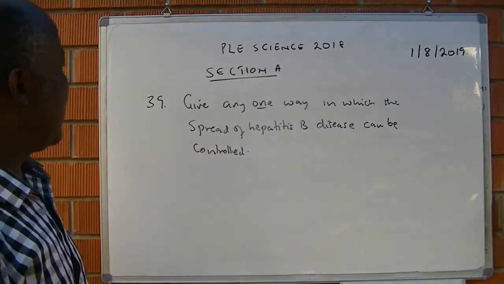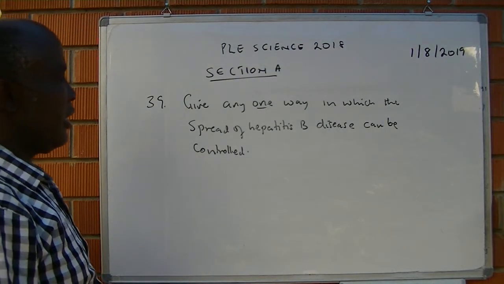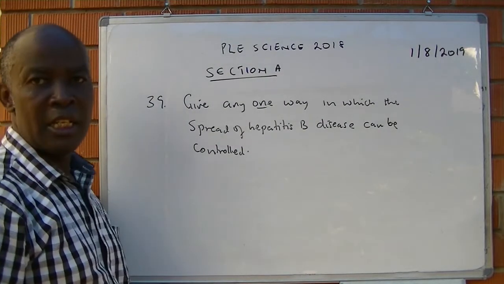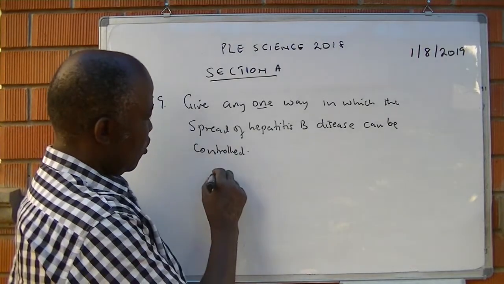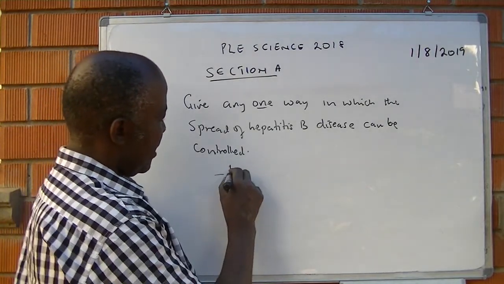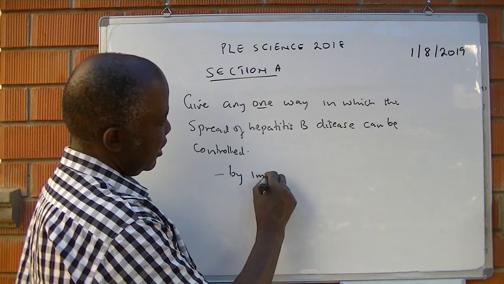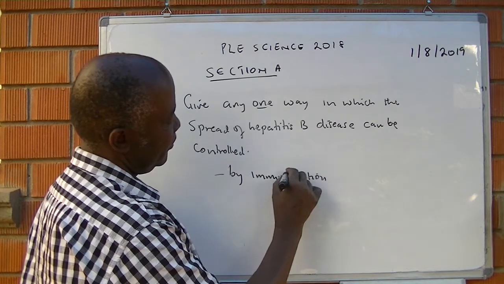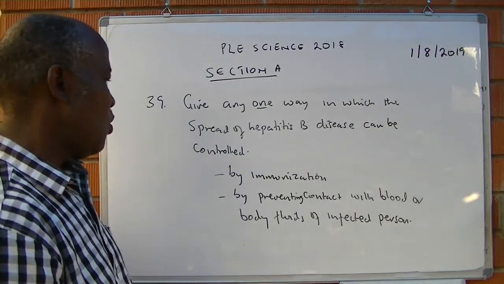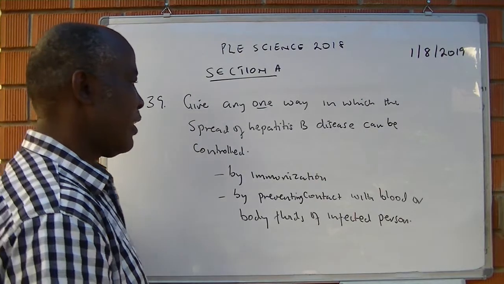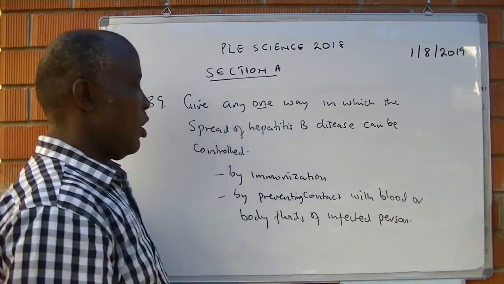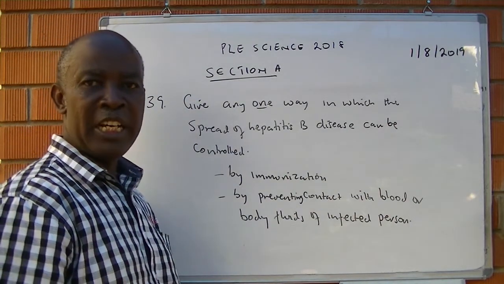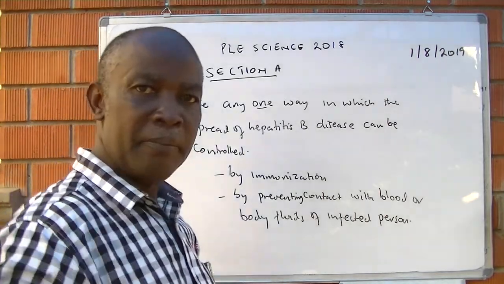Number 39. Give any one way in which the spread of hepatitis B disease can be controlled. By immunization. By preventing contact with blood or body fluids of infected person.